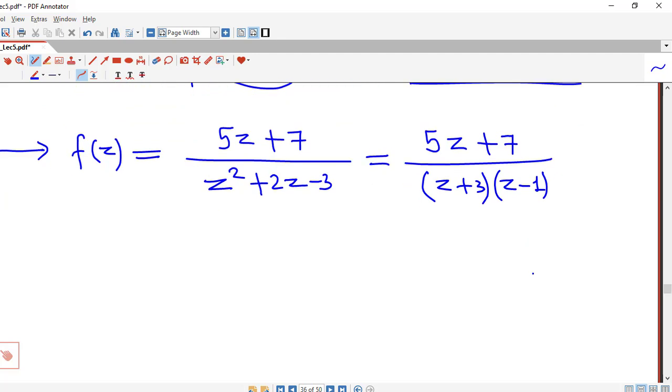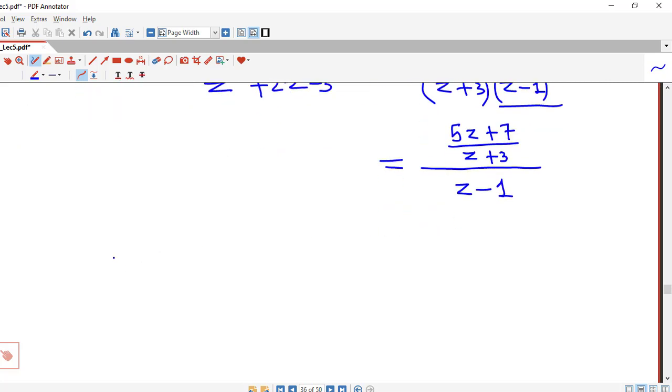Now we are interested in the residue at z equal to 1. So we rewrite this function in this form. We consider z minus 1 in the denominator and we keep other things in the numerator, 5z plus 7 divided by z plus 3. So f of z is written in this form.